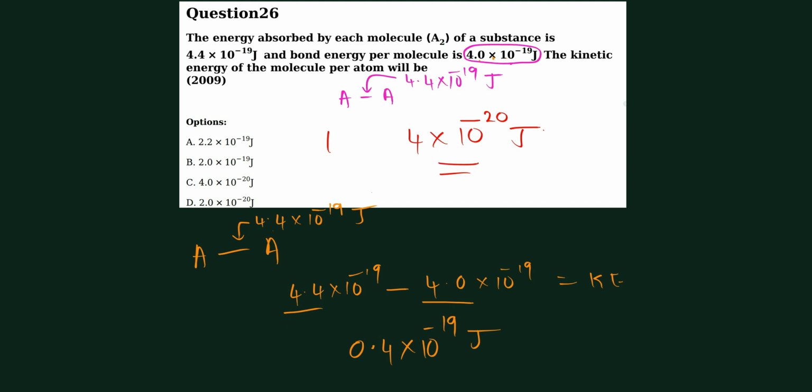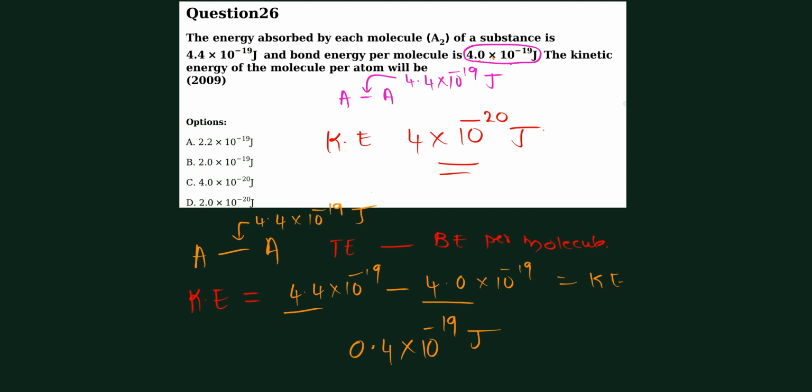This is your answer, equal to kinetic energy. So kinetic energy is equal to total energy minus required energy, otherwise bond energy, per molecule. Kinetic energy equals total energy minus bond energy per molecule.